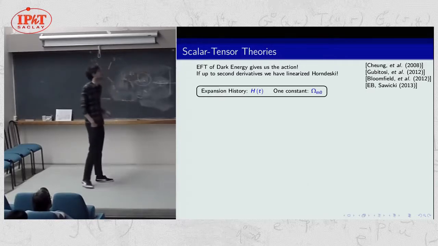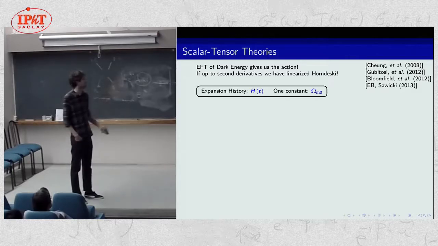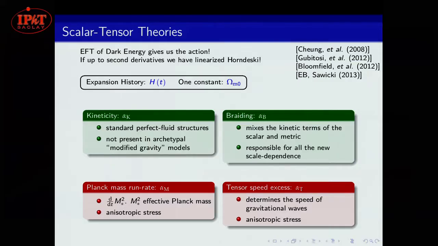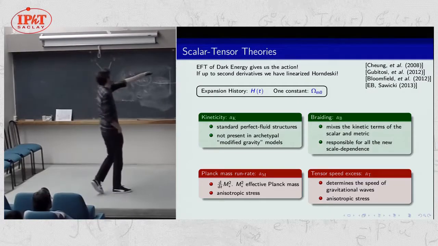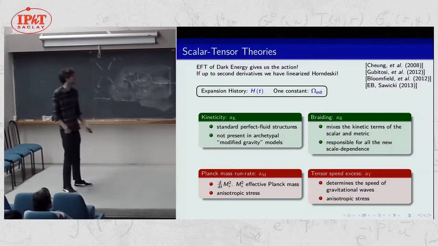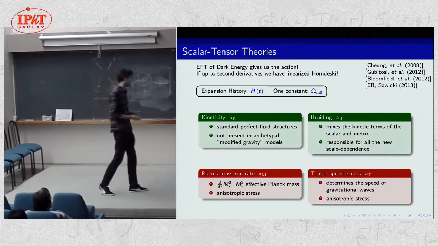The first of them is something that parameterizes the expansion history of the universe, the Hubble rate. The other 4 are present just at the perturbation level. We name them kineticity, braiding, Planck mass run rate, and the last one tensor speed excess. The kineticity is basically the standard kinetic term of quintessence models.